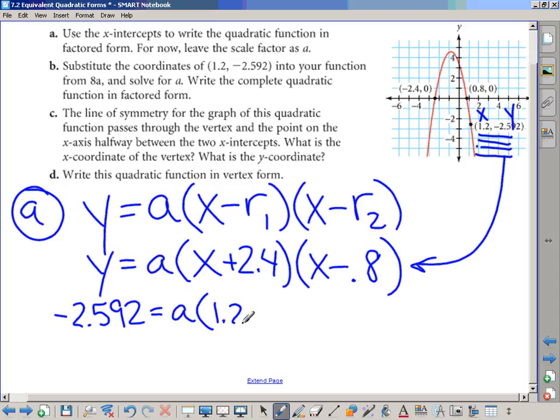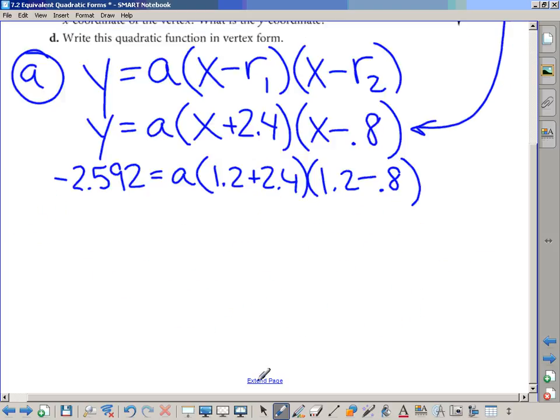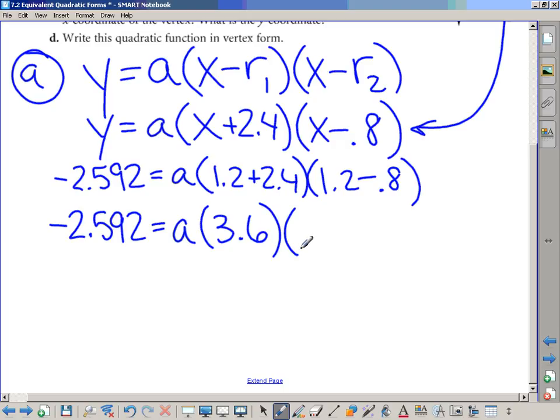We're going to put 1.2 plus 2.4 times 1.2 minus 0.8. What is 1.2 plus 2.4, John? Good. Other John? 1.2 minus 0.8. 0.4.